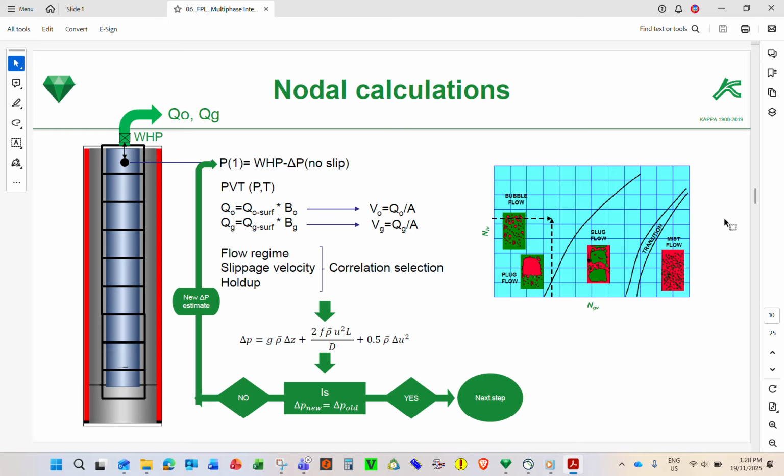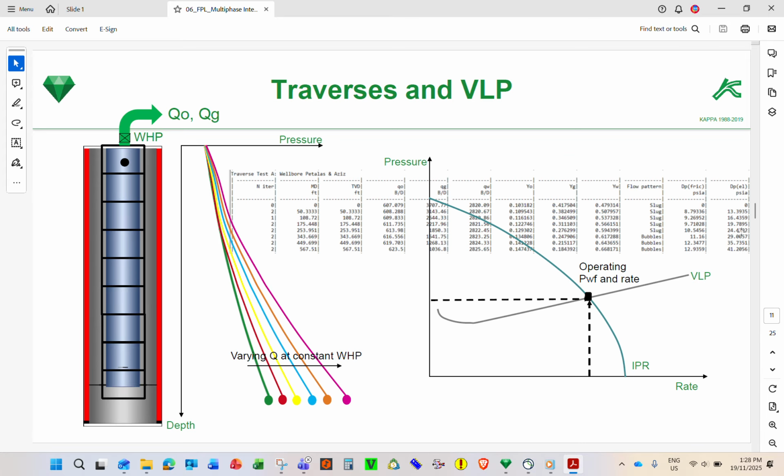You have this one, this is calculated, the pressure. And then the second nodal will be calculated again, and again, and again, until the bottom pressure, with one flow correlation. But if you change the correlation, you might have a different pressure gradient. This is the nodal, and this is the nodal outlet.